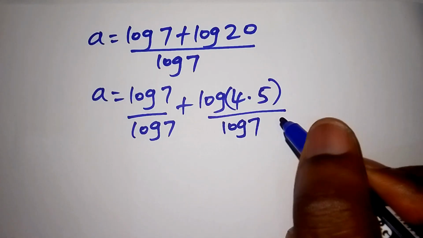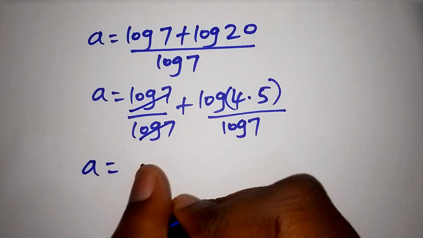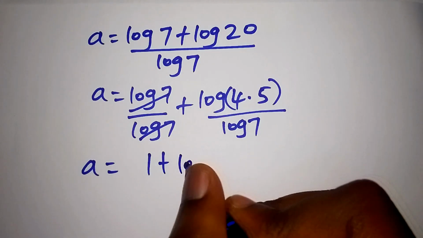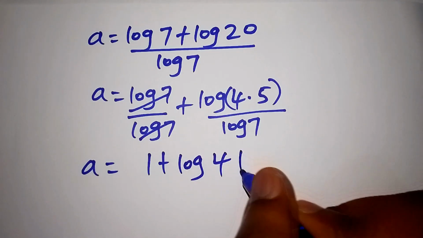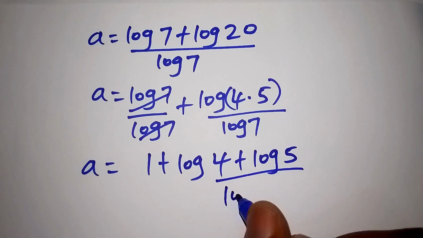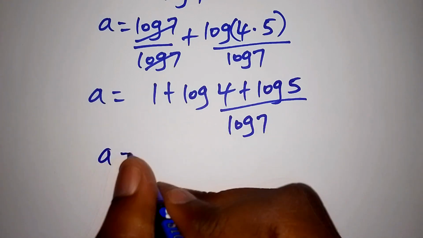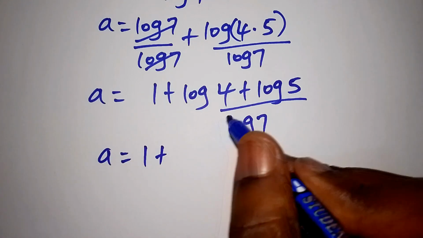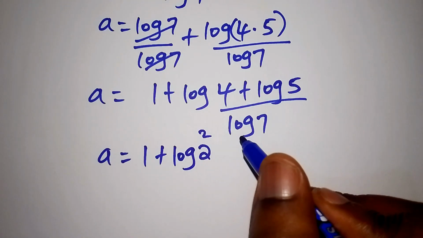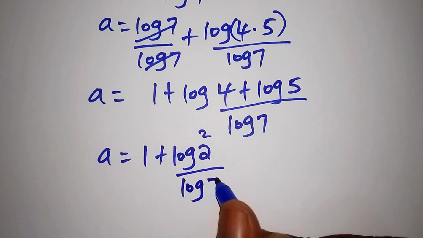The next step is a is equal to log 7 and log 7 cancel, so we now have 1 plus the log of 4 plus the log of 5, all over the log of 7. So the value for a is equal to 1 plus log 4, which can be written as the log of 2 to the power of 2, all over the log of 7, plus log 5 all over the log of 7.